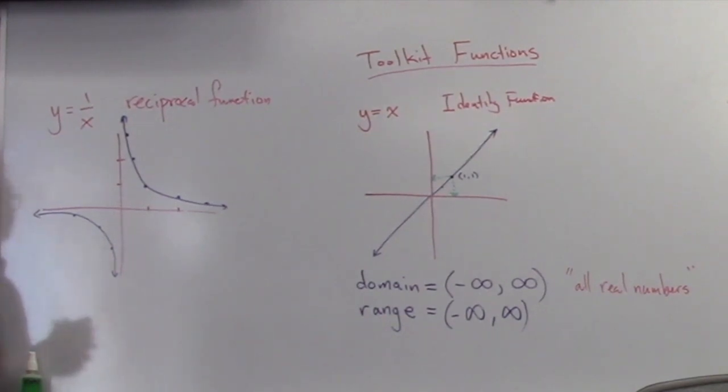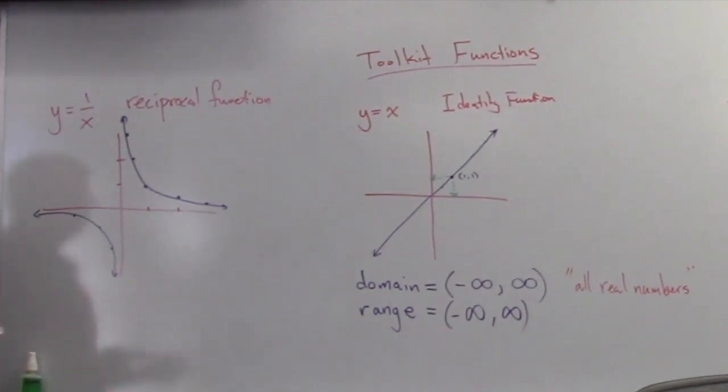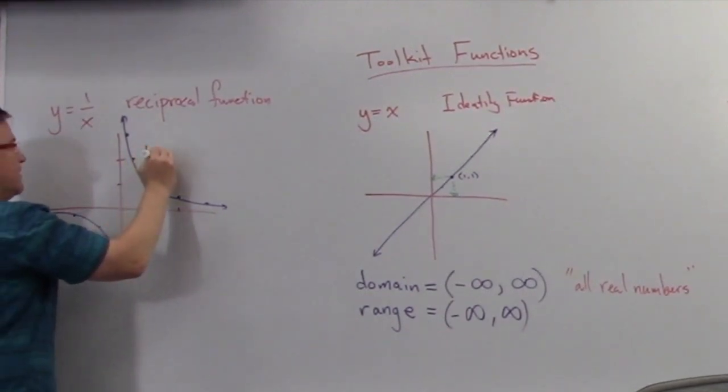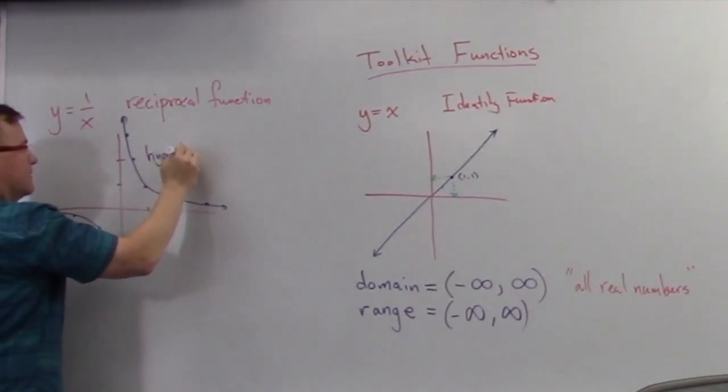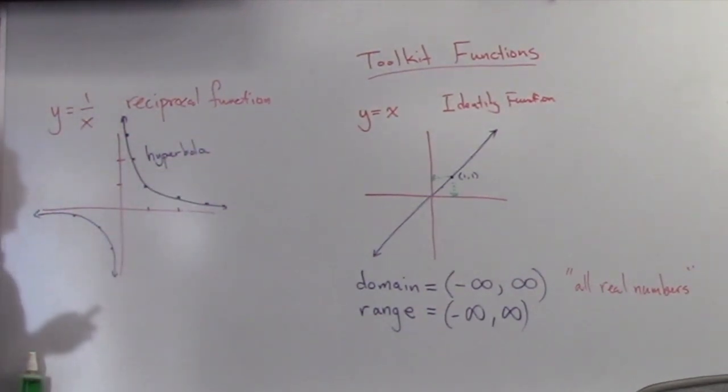They're toolkit functions because you want to keep them in your back pocket, ready to go at any time. This one's important enough that it actually has a name as well: the hyperbola. Just for fun, you can impress your friends.